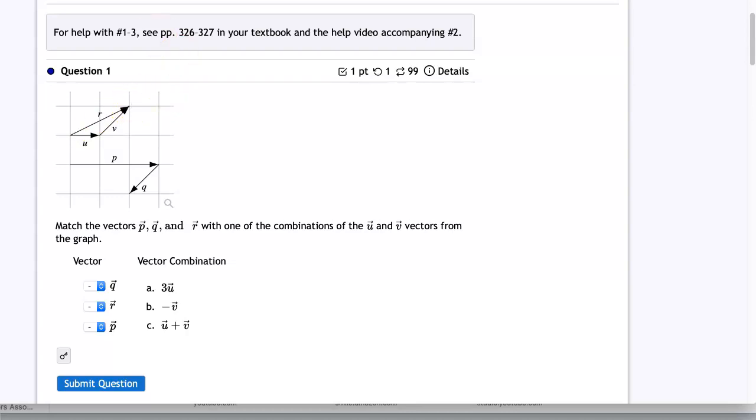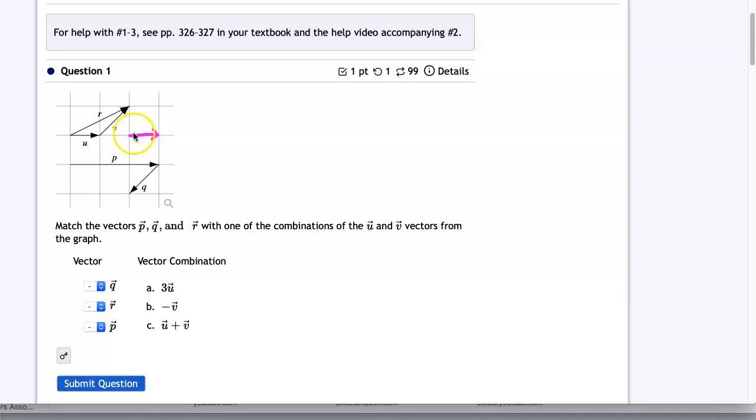For example, if I were to draw vector u again, I could draw it anywhere I wanted so long as it had the same length and the same direction.